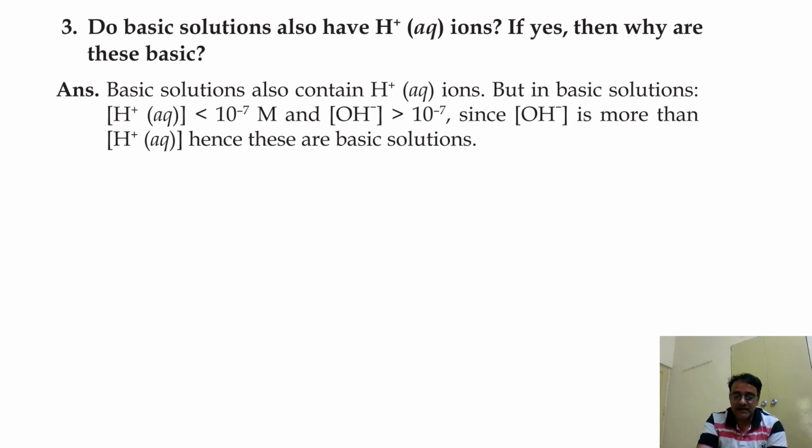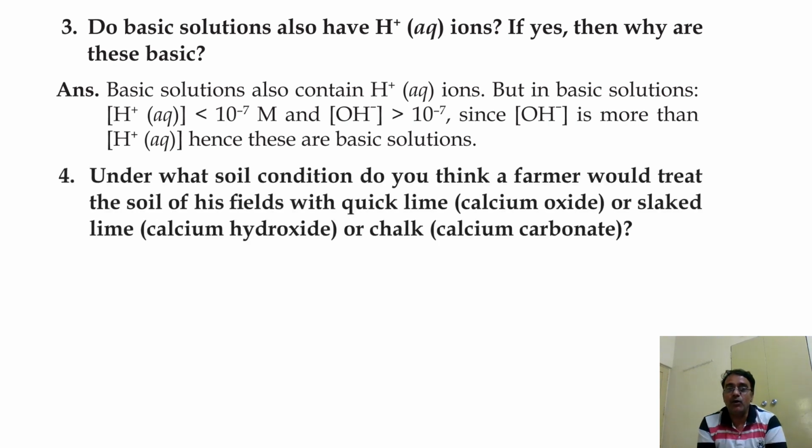Okay, now the question number 4, under what soil condition do you think a farmer would treat soil of his fields with quick lime, that is calcium oxide, or slaked lime, that is calcium hydroxide, or chalk, that is calcium carbonate? Actually, the pH of the soil should be 7. If it becomes less than 7, it will become acidic.